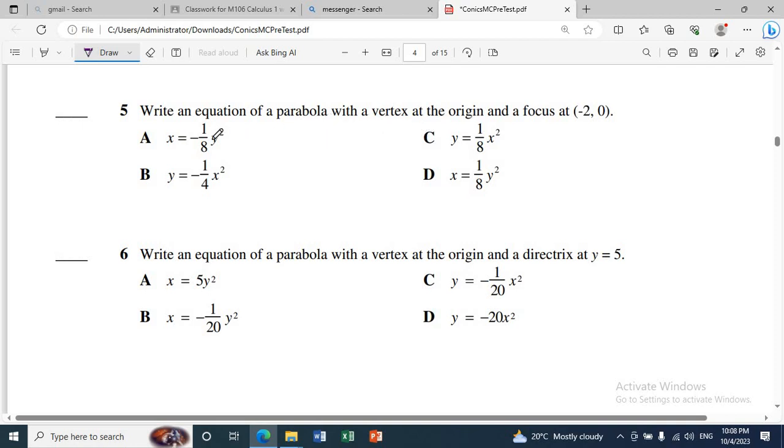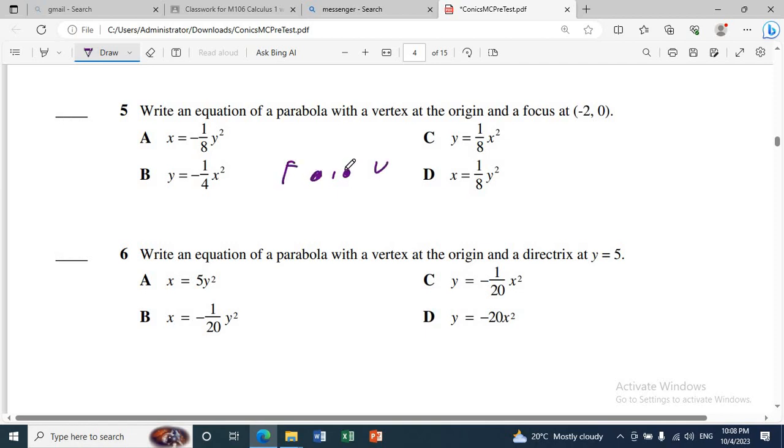Okay. All the choices has a vertex of the origin and a focus at negative 2, 0. So if this is the origin, 0, 0, my focus is negative 2. So I have 1, 2, and then y is 0. So this is my focus, and this is my vertex.